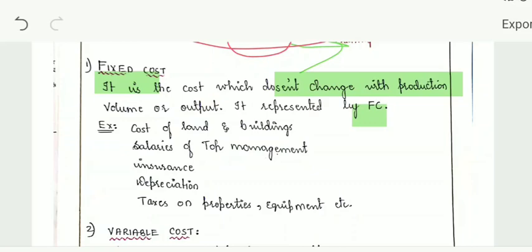No, it remains constant. Will the salaries of the top management change? No. Will your insurance amount, the depreciation amount, or taxes on the property and equipment change? No, they have to be the same. This all comes under your fixed cost.